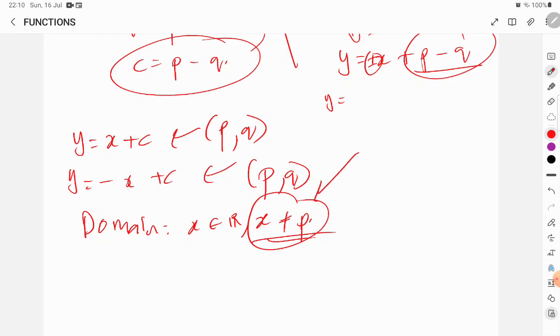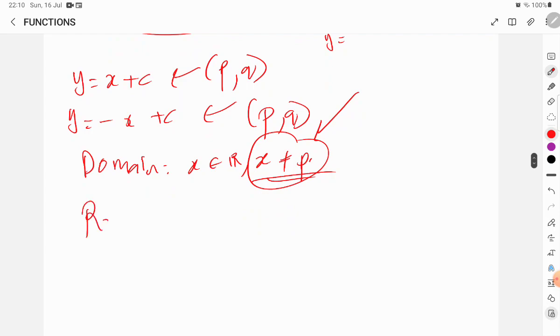You just show that it's not equal to it. If you want your range, you do the same thing. y is an element of all the reals, but take down your asymptote again: y won't be equal to q. That's just it. You've managed to find your domain and range for this part.